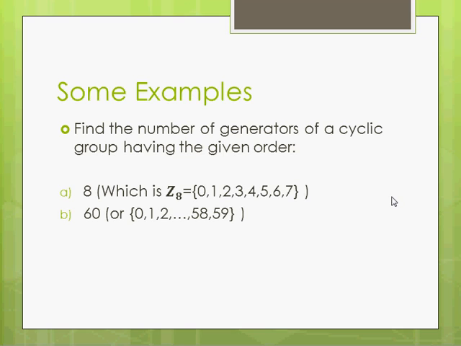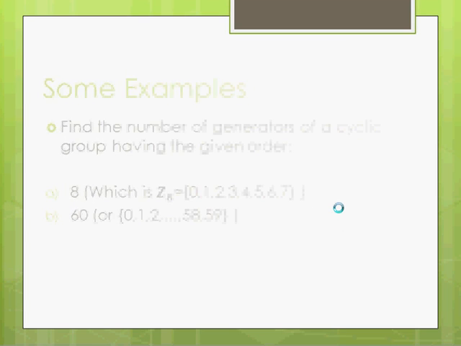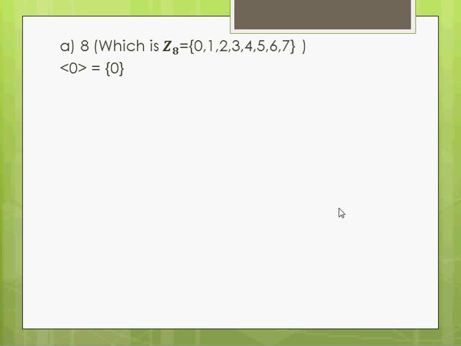We have to find the number of generators for Z8 to start. So for 8, we start out with 0, which generates the subgroup 0. 1 generates 1, 2, 3, all the way to 7, and then 0. If you put that in order, you can see that it actually is Z8.